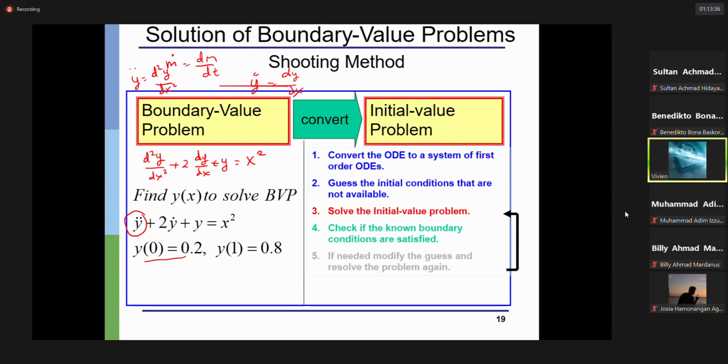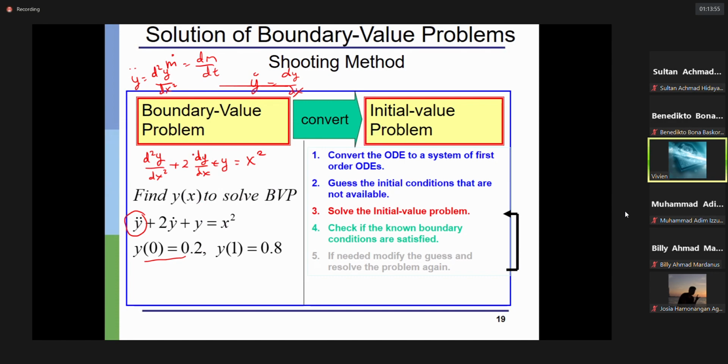Now, we want to solve that using the shooting method, so that becomes an initial value problem. We have to decompose this equation into two first order equations.